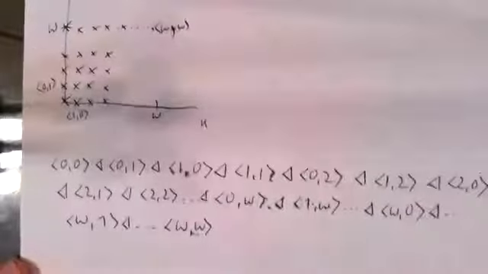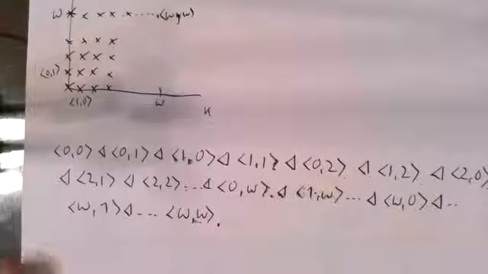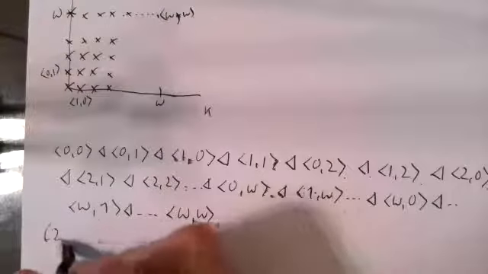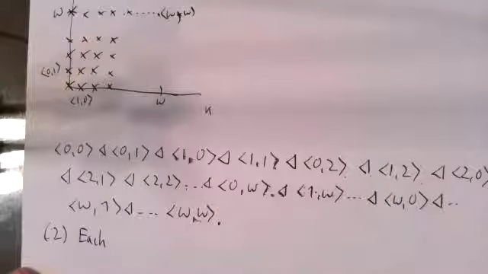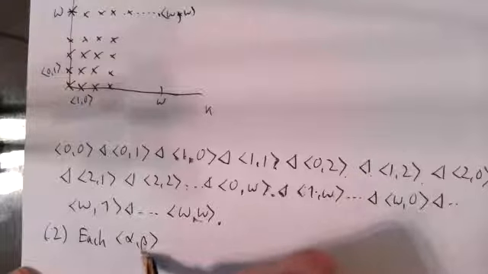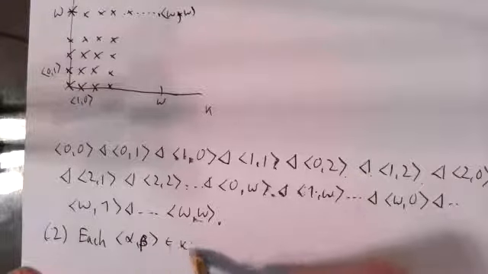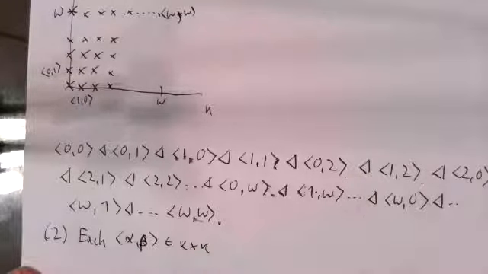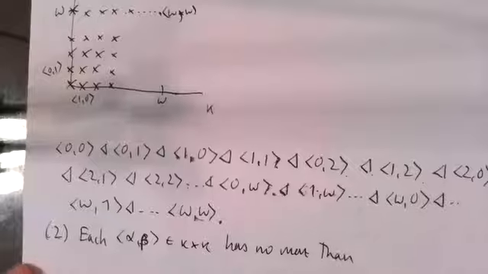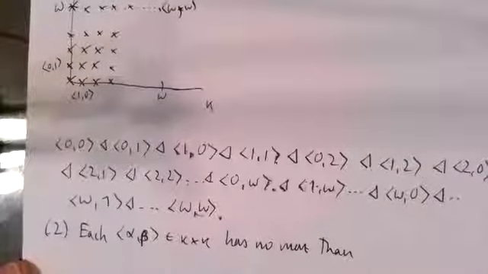And I'm going to use the result from the exercise that immediately precedes the theorem. Okay. Each alpha beta here in kappa cross kappa, how many predecessors has it got?